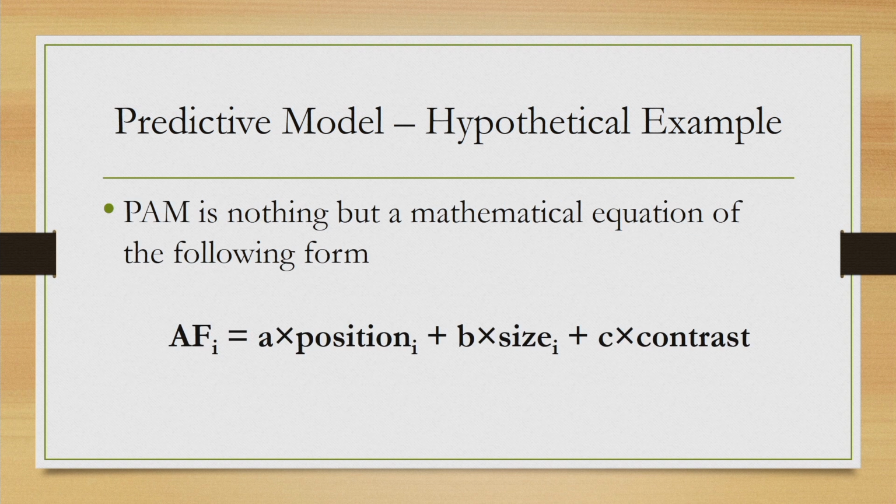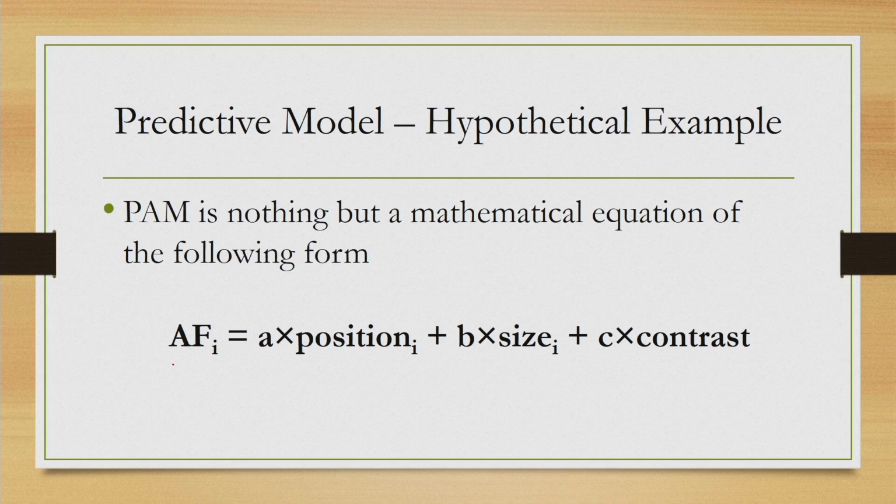So, what is this model? It is nothing but a mathematical equation of the form AF_i = A * position_i + B * size_i + C * contrast_i.